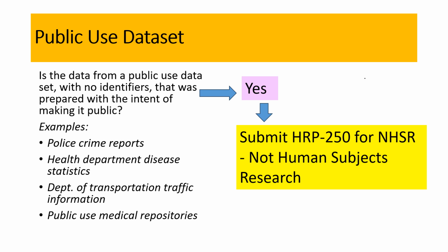Public use data set. These are data sets and specimen repositories that are created for public use. These include many government agency databases like police crime report statistics, disease statistics from the health department, traffic information from the DOT, and medical data and biospecimen repositories like the National Human Radiobiology Tissue Repository, the website clinicaltrials.gov, the Framingham Heart Study database, and the Cancer Imaging Archive.